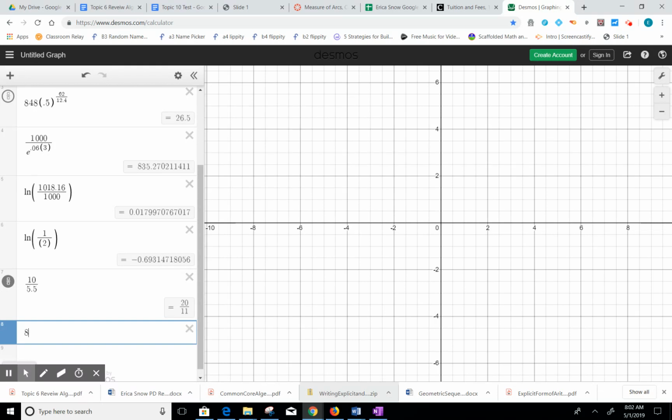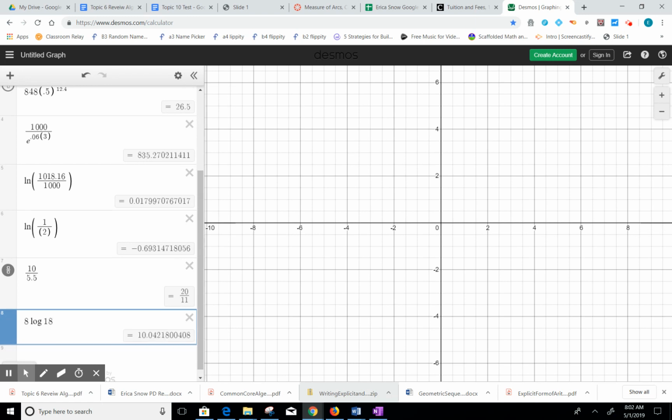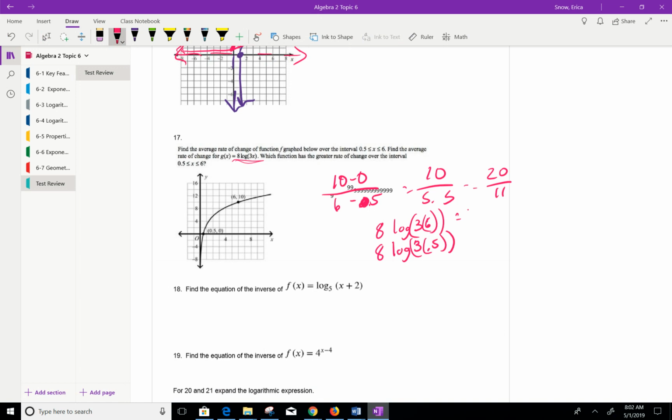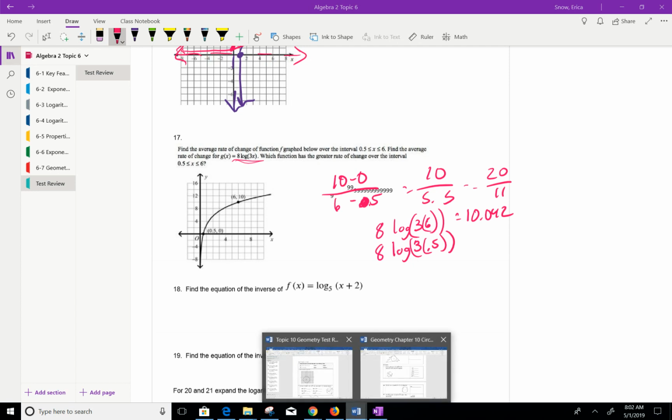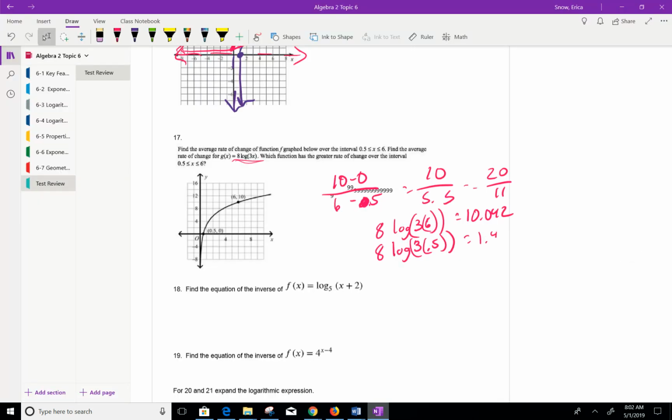So 8 log 18 gives us 10.042. And a log of 1.5 gives us 1.4. So now these are our y values. So we're going to do 10.042 minus 1.4 over 5.5 again.